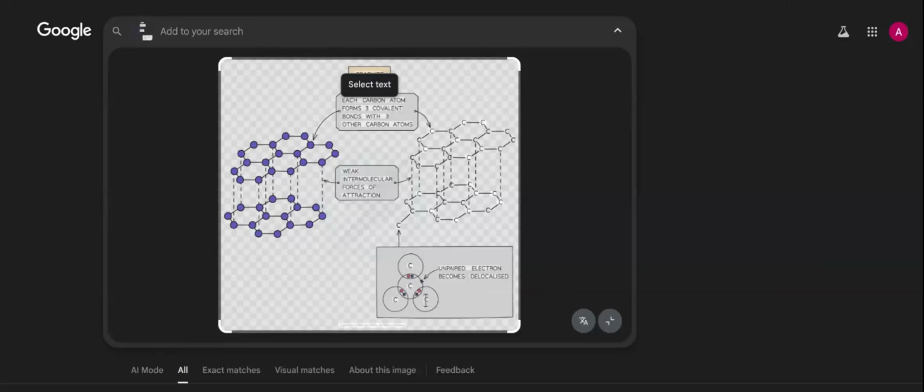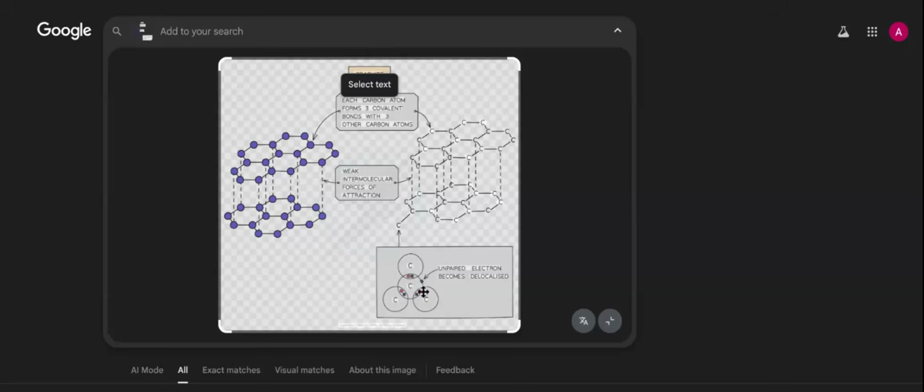And we see here graphite, we said the main structure of graphite is those three carbon atoms bonded with a single carbon. And the carbon will have one unpaired electron that will bond with the electron of another carbon atom.